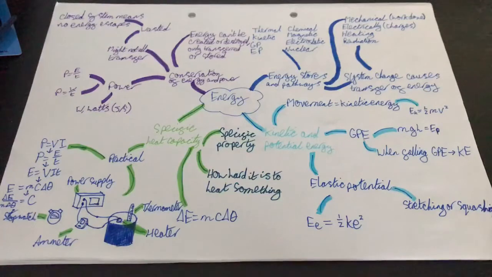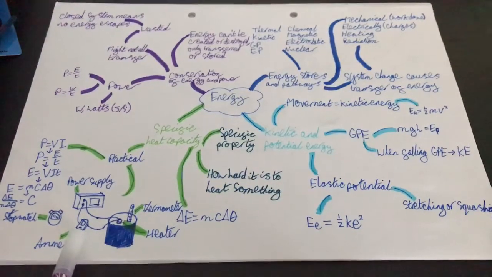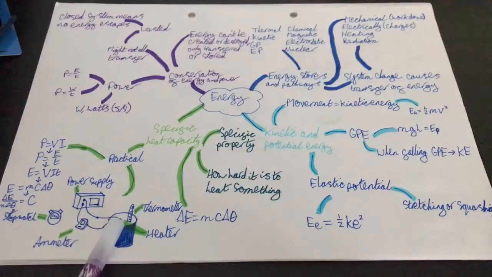But you can also use this equation, rearranged, to find the specific heat capacity of a substance. So you'd use this practical setup here. You'd have a power supply plugged into mains, most likely, but it could be running on batteries, don't know. You plug that into an ammeter here, and you plug that into a heater, and then you plug the heater back into the power supply to complete the circuit.